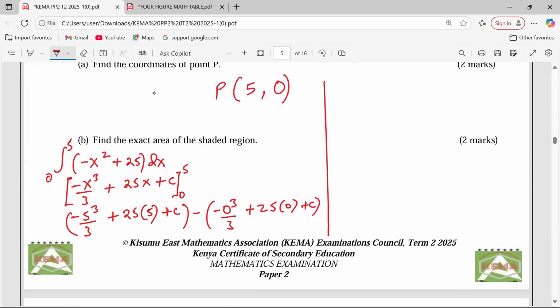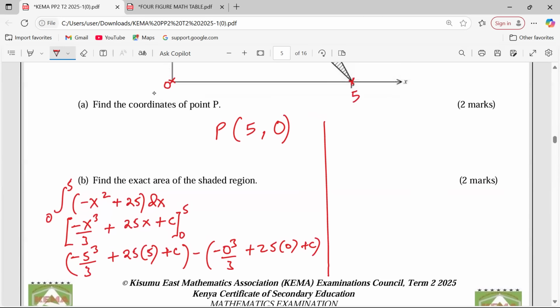we need now to talk about negative 5 power 3 divided by 3. Then I add 25 into 5, giving us 83 and a third. I think, yes, 83 and a third minus 0.